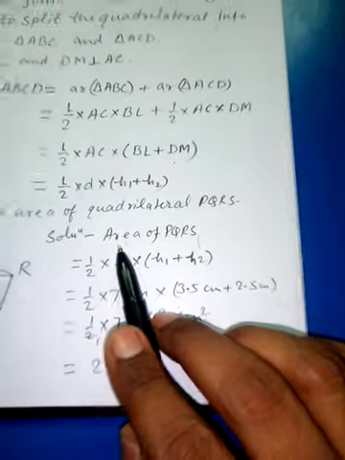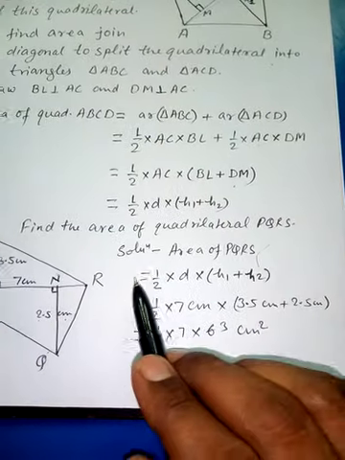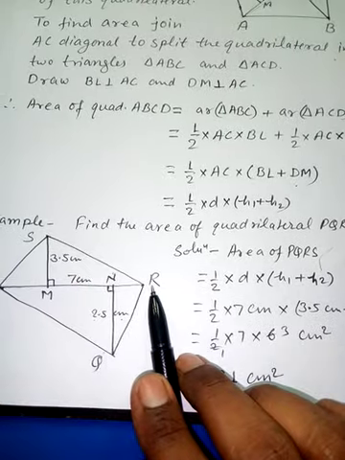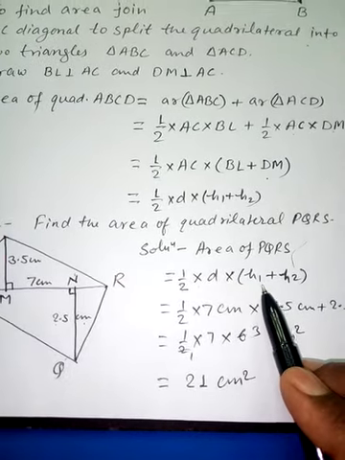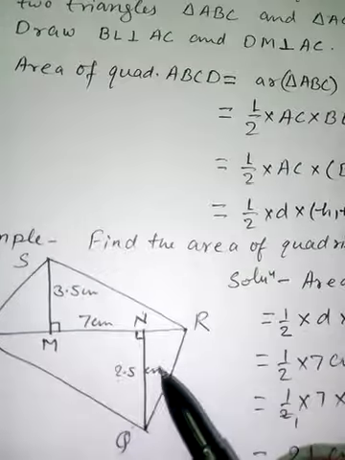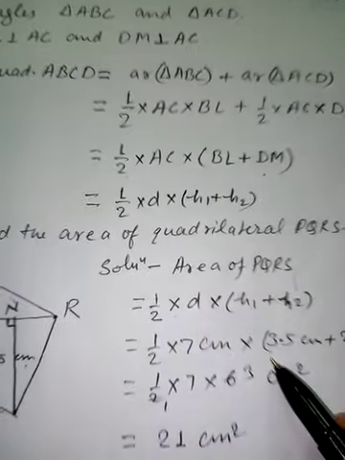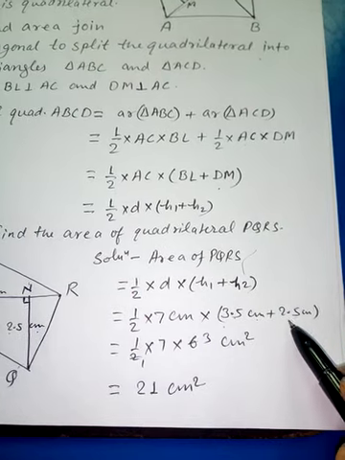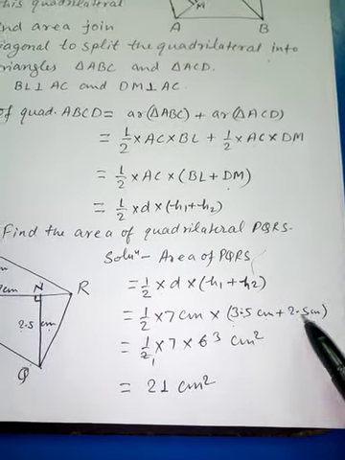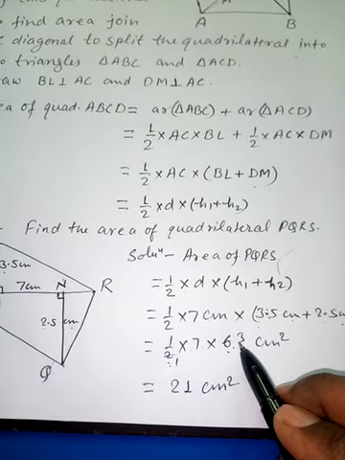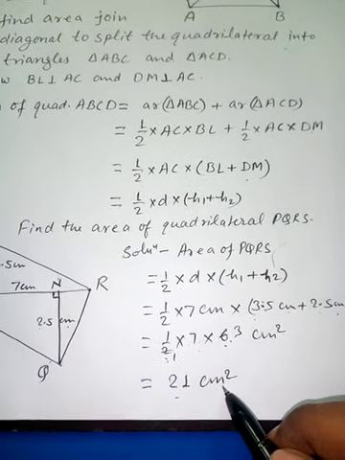Area of PQRS equals 1 by 2 into d for diagonal into h1 plus h2. Here h1 is 2.5 and h2 is 3.5, so 3.5 plus 2.5 will be 6. So 1 by 2 into 7 into 6, 2 threes are 6, so it will be 21 centimeter square.